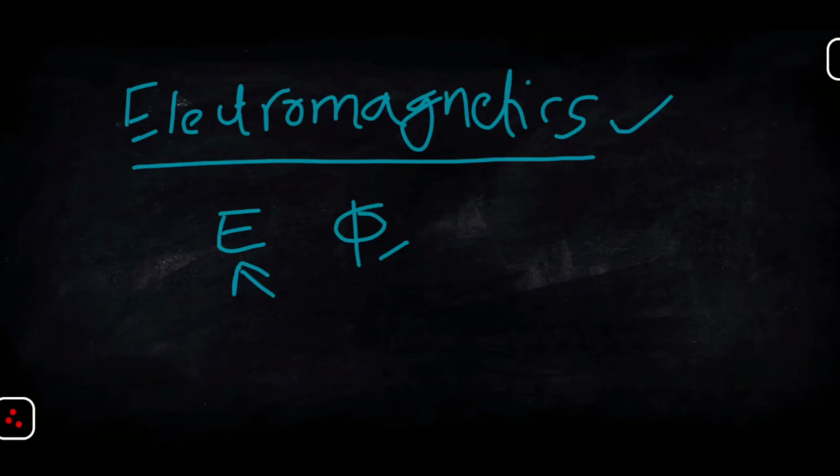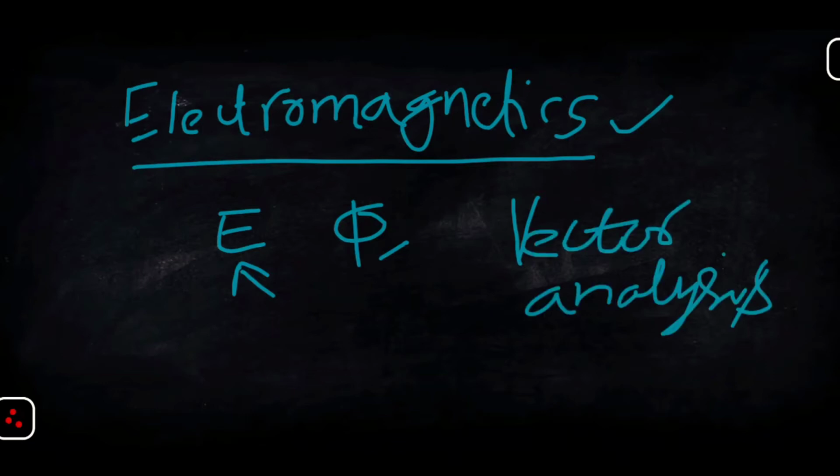In engineering electromagnetics, 3-dimensional representation plays an important role. Therefore, 3-dimensional representation can be made easy by the use of vector analysis.